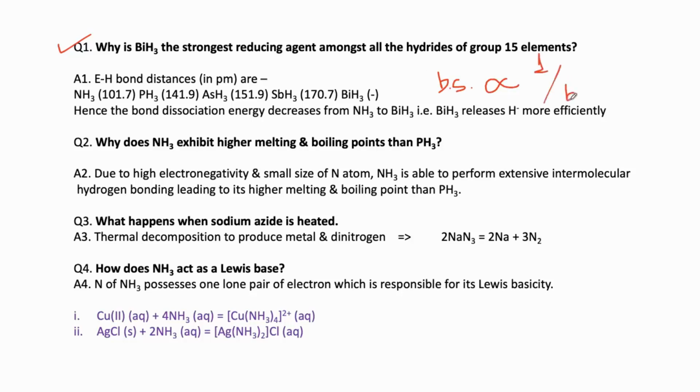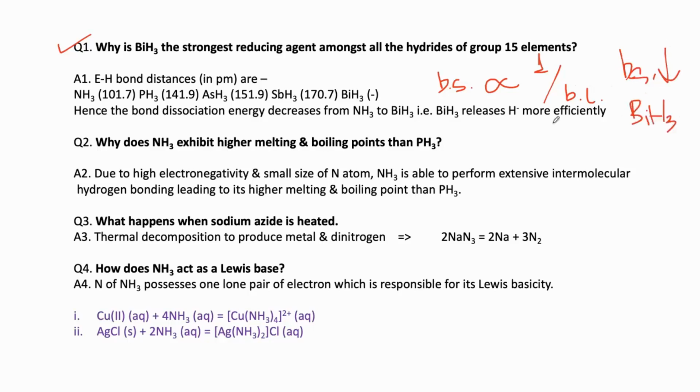The more the bond length, the less the bond strength, or bond energy. So in case of the bismuth-H bond, the bond length is the highest. That's why the bond strength of the BiH bond is very low in bismuth hydride.